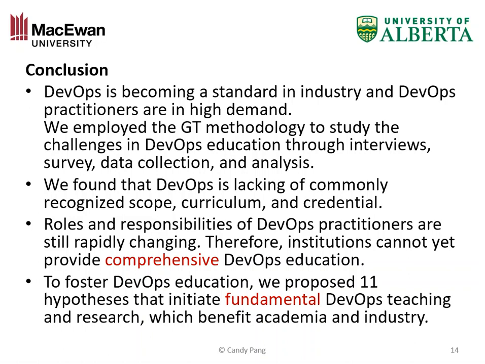Roles and responsibilities of DevOps practitioners are still rapidly changing. Therefore, institutions cannot yet provide comprehensive DevOps education. To foster DevOps education, we propose 11 hypotheses that initiate fundamental DevOps teaching and research, which benefit academia and industry.